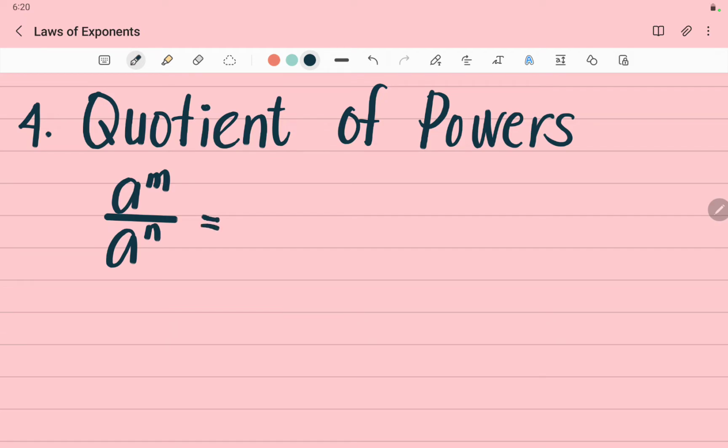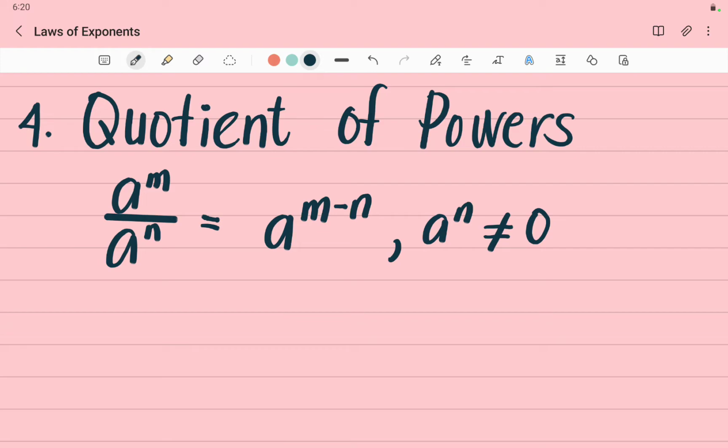That is a raised to m minus n, wherein a raised to n should not equal 0. We could have any difference of m minus n as long as the denominator would not be equal to 0. I believe you can now see the pattern.